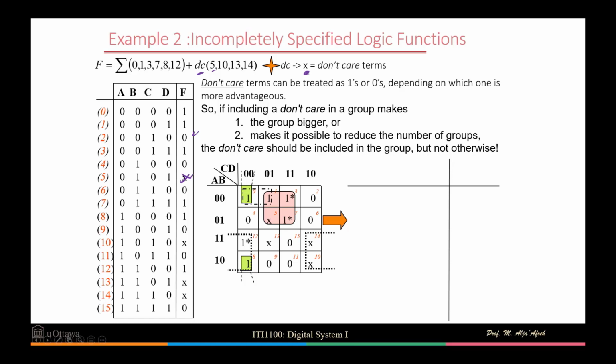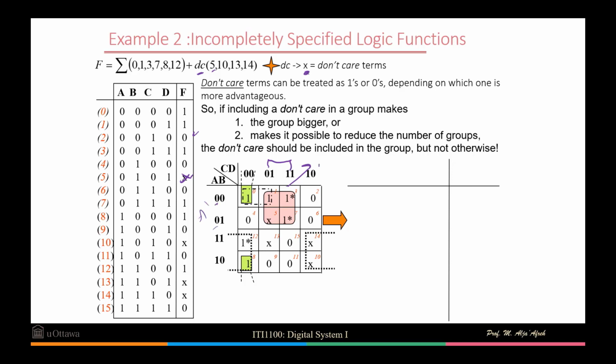Therefore, if I want to get the implicant for this one, what's not changing here when I go vertically is A prime.